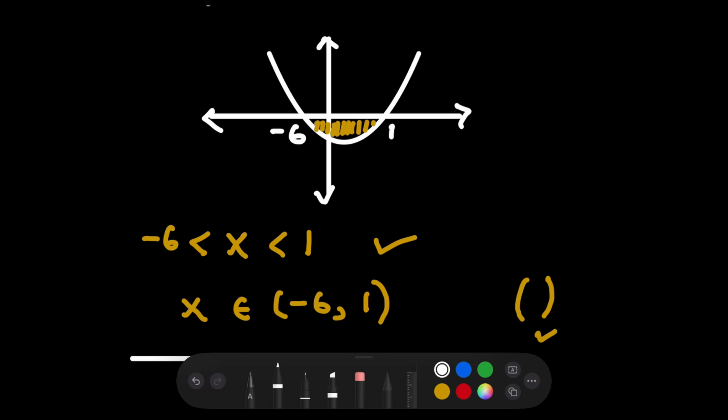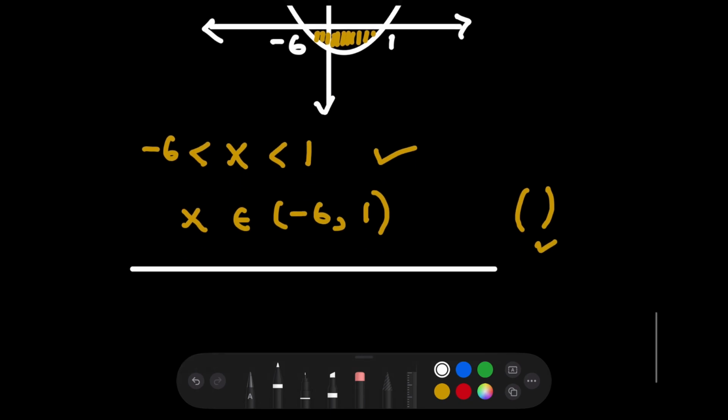If it is less than, it's asking where the graph is below the x-axis. If it is greater than, where the graph is above the x-axis. If it is greater or equal to, where the graph is on and above the x-axis.